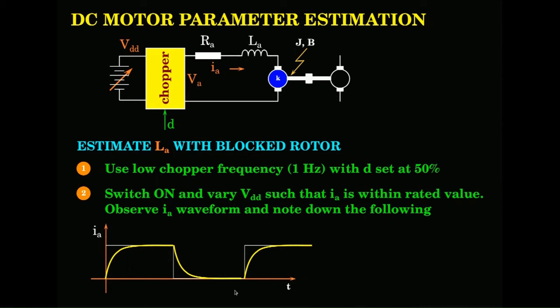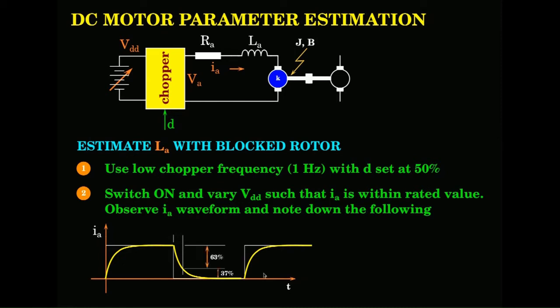Now you look at this falling exponent. Start from here, any arbitrary value you start. From that value, when I switch it off, if it goes down by 63%, remaining should be e to the power of -1.